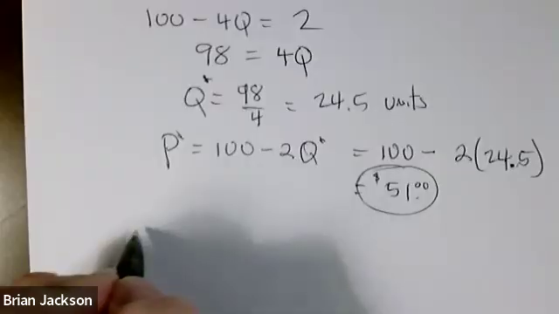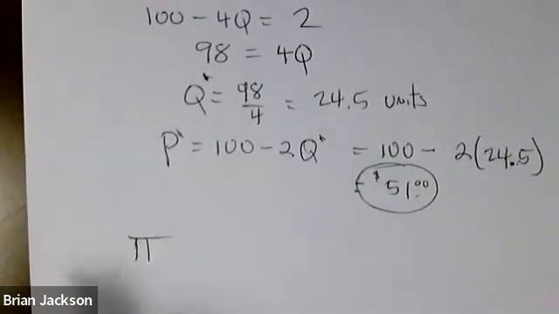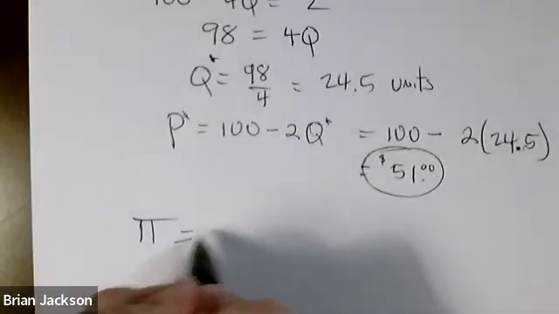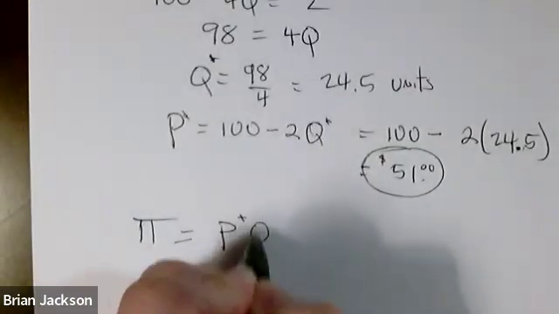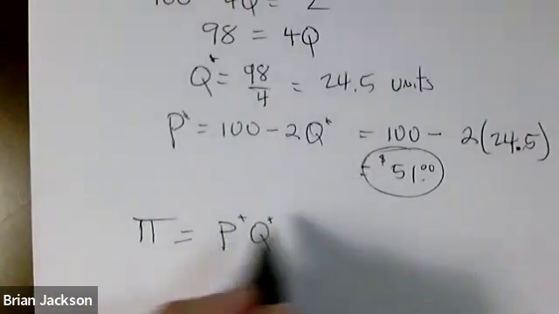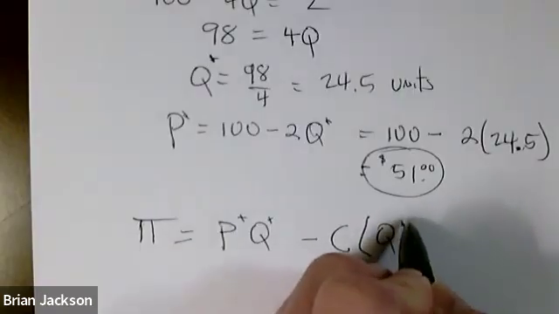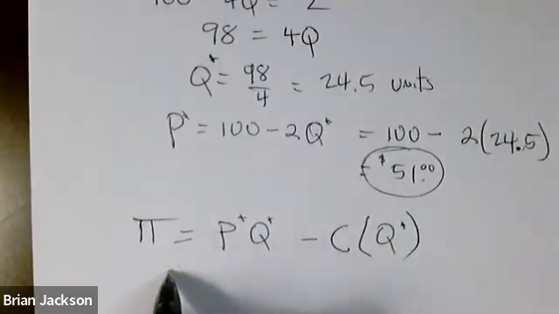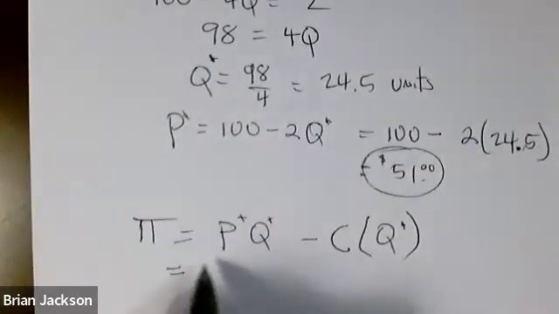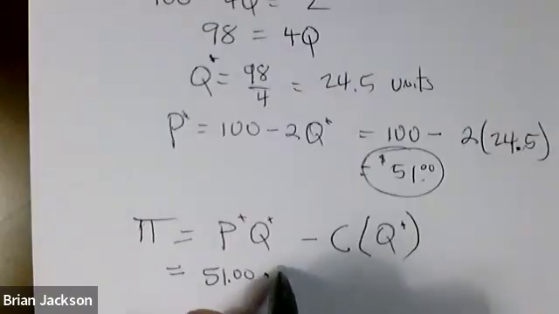So what is the profit maximizing revenue? If you've got the revenue and you've got the cost, you get the profit. So let's just skip down and get profit. Pi is profit. Profit is P star times Q star. They have an M here, for monopoly, what have you. But this is the profit maximizing price and quantity minus the cost evaluated at Q star. So P star is $51.00 times Q star, 24.5.